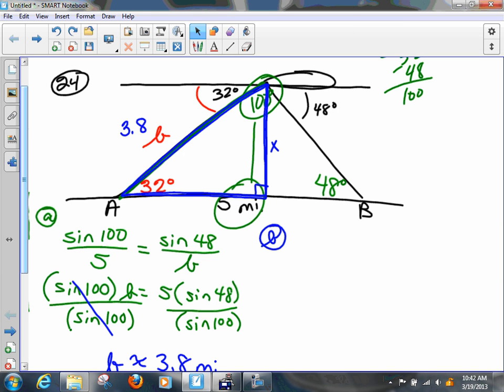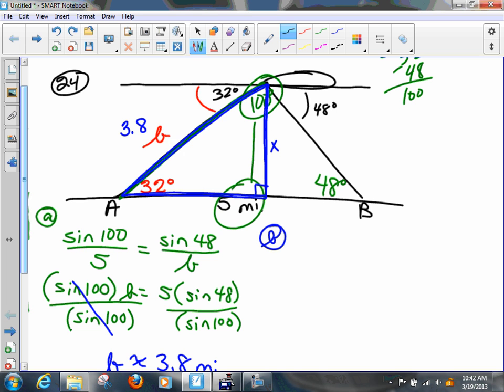Well, here we go with the geometry again. I could have used this, but I didn't have this side. And I can't say that this is going to be split in half.